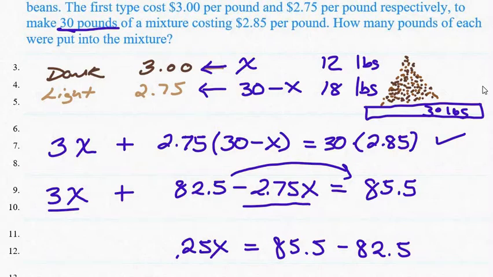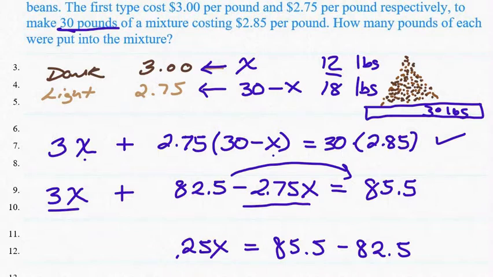And of course, 12 plus 18 comes to 30. So you can always take this 12, plug it back into the original equation, and the left-hand side had better equal the right-hand side. I hope it does.